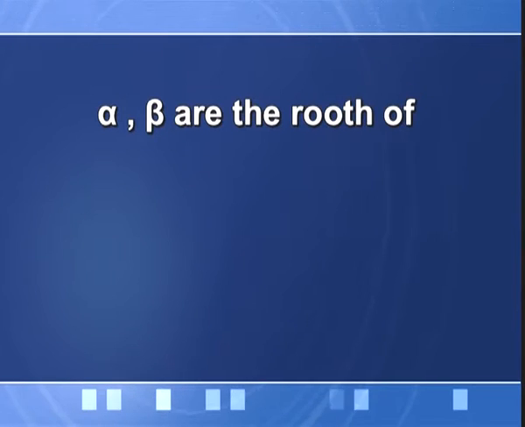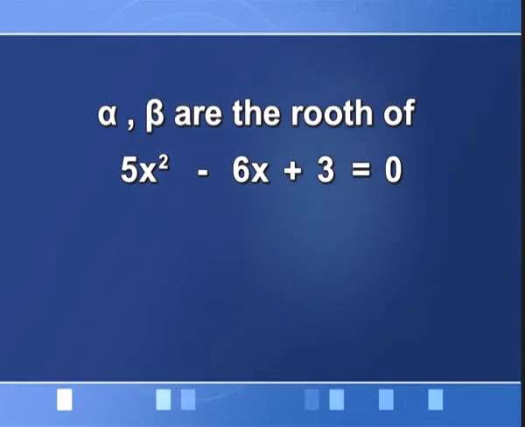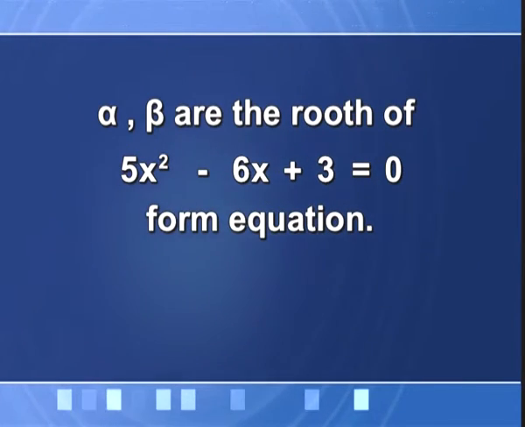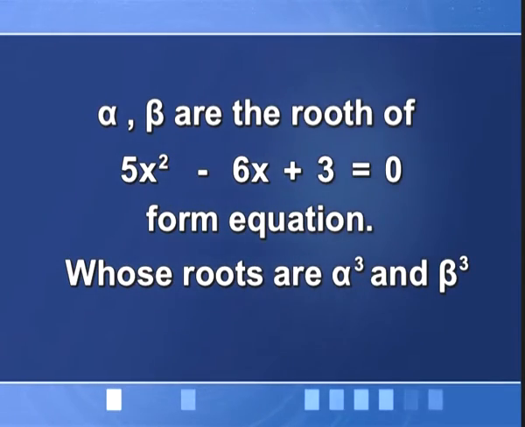So, we apply this to another situation. Alpha and beta are the roots of the equation 5x square minus 6x plus 3 is equal to 0. We want to form a quadratic equation whose roots are alpha cube and beta cube. Remember, alpha and beta are the roots of the equation which is given to us. We are required to write a quadratic equation whose roots are alpha cube and beta cube.